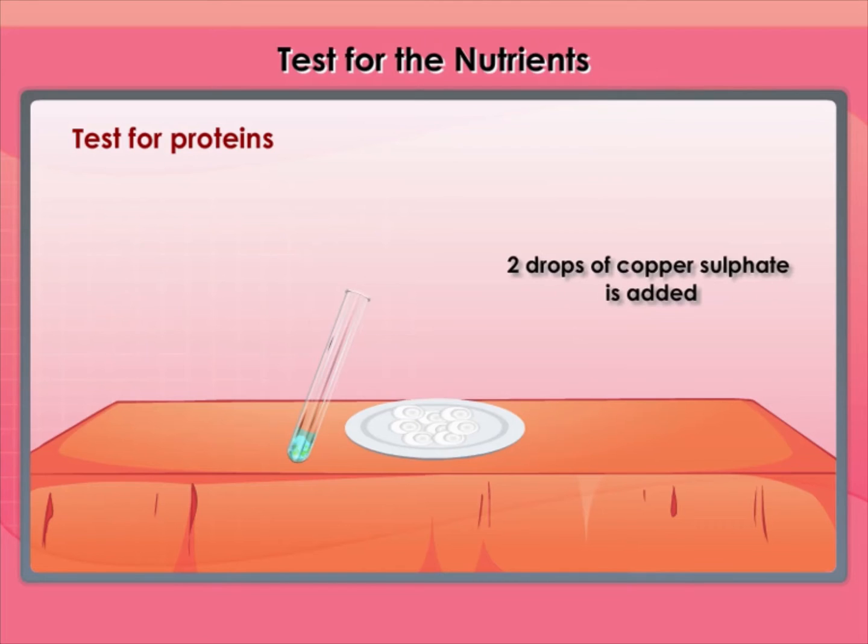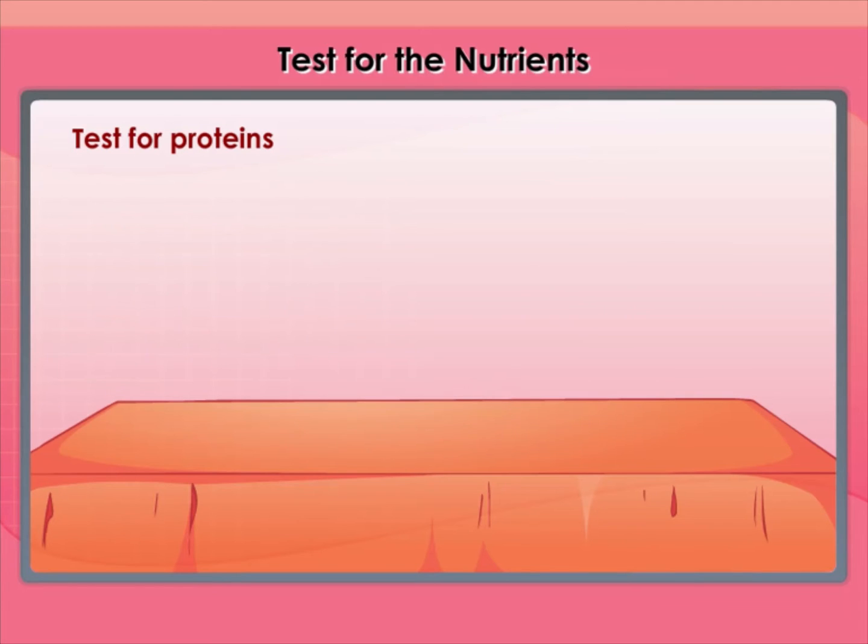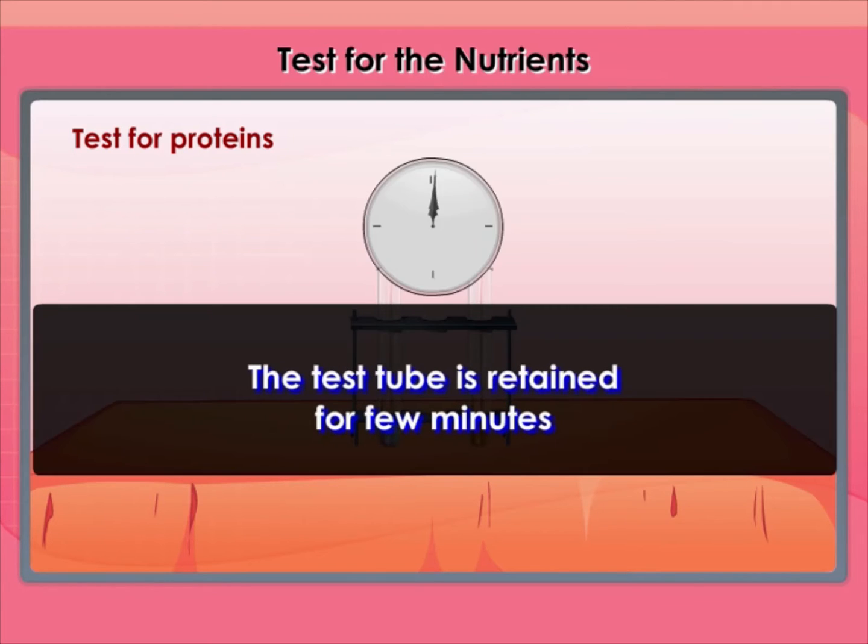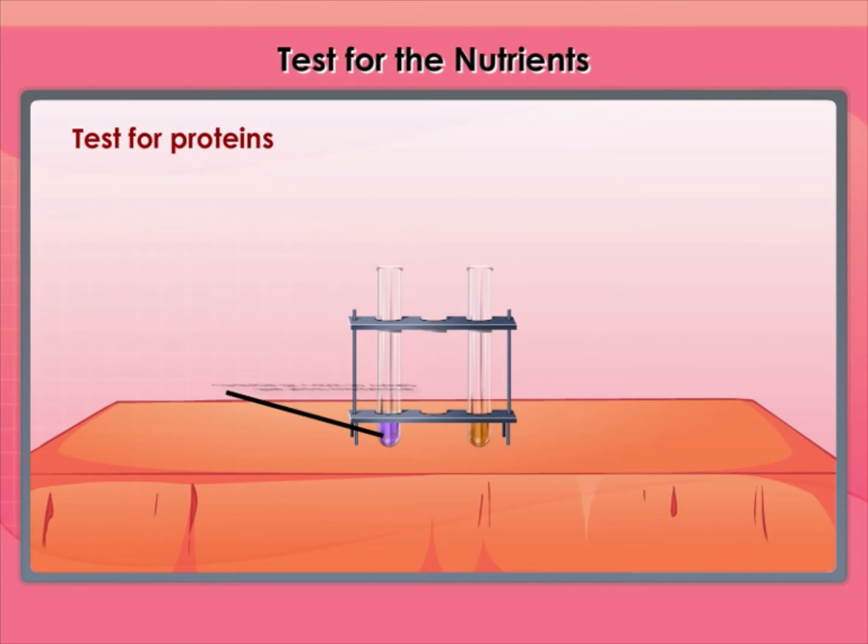As a next step, let's add 2 drops of copper sulfate followed by 10 drops of caustic soda. Let's shake the test tube again. The test tube should remain still for a few minutes. After a few minutes, we can observe the contents of the test tube to be violet in color, which indicates the presence of proteins.